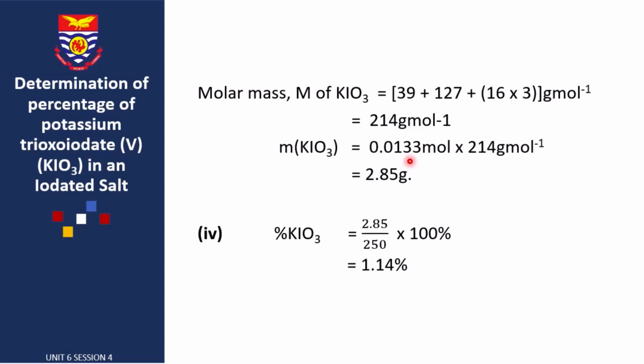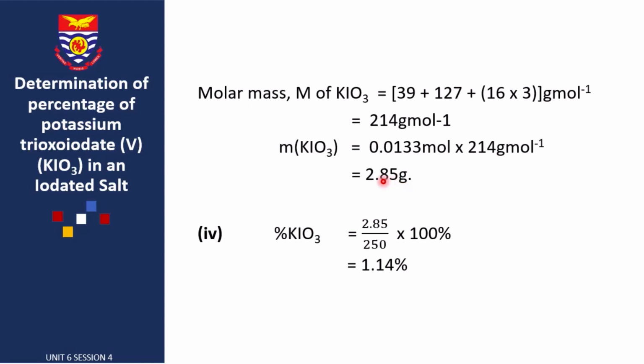The next question is to find the percentage of potassium iodate in the salt. We know the mass of the potassium iodate, and in the question we have the total mass that was weighed and used in the preparation. It was 250 grams. So out of that 250 grams, it is just 2.85 grams that is potassium iodate.